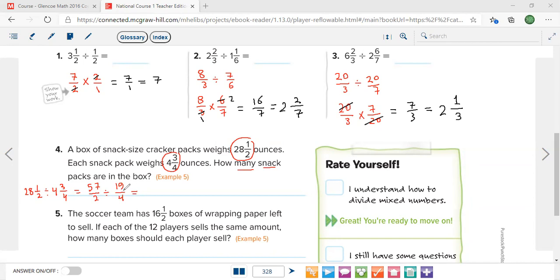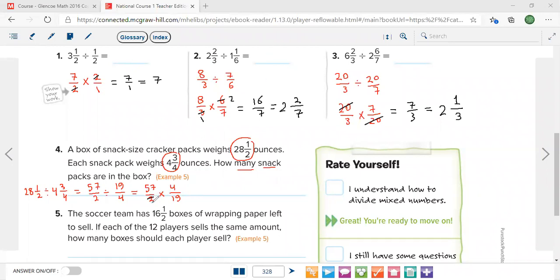Now, 57 over 2 remains. Division will be multiplication. 19 over 4 will be 4 over 19. Now we can use cancellation.